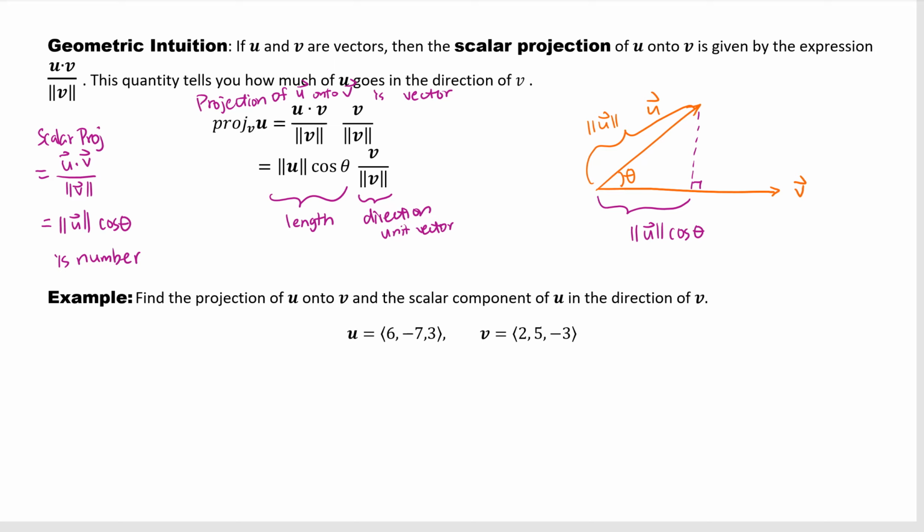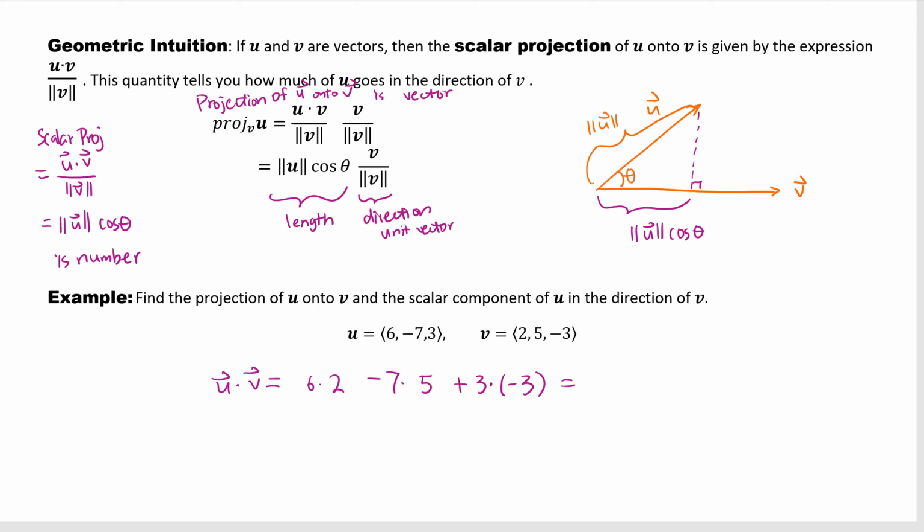Okay, let's continue with the following example. Find the projection of u onto v and the scalar component of u in the direction of v. First, let's figure out the scalar component. u dot v equals 6 times 2 minus 7 times 5, 3 times minus 3.